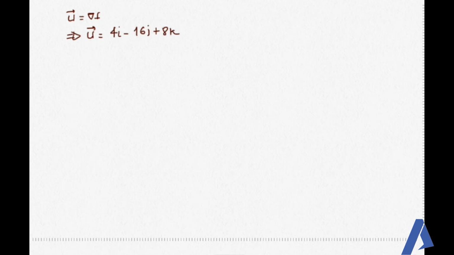From equation of a line, መጀመሪያ normal equation እንጽፈዋለን. x, y, z is equal to the arbitrary point which is on the surface, 2, minus 2, 4 plus some scalar multiplied by the directional vector, 4, minus 16, 8.